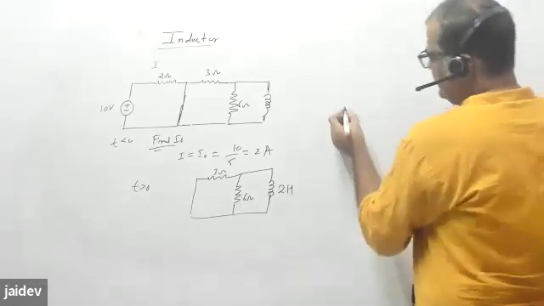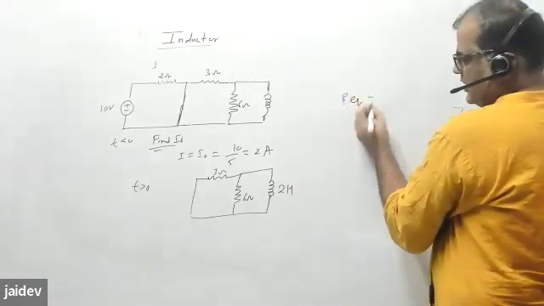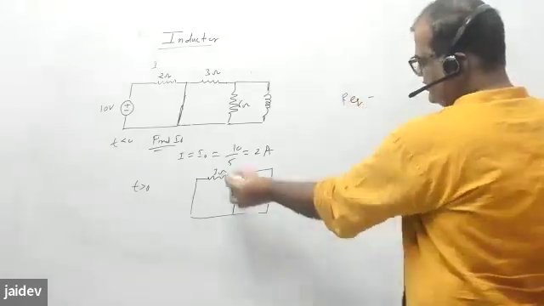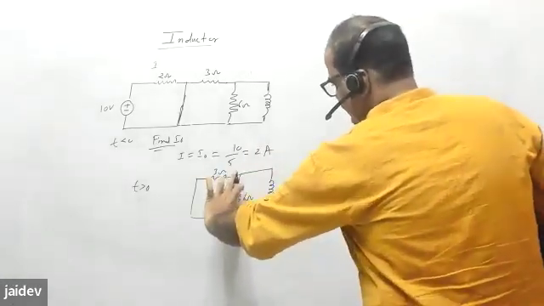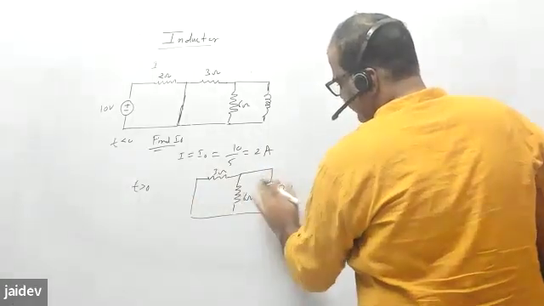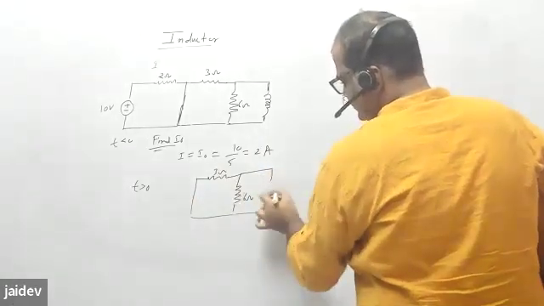So you can find R equivalent now. R equivalent is how much? 6 parallel 3. To find the R equivalent, you have to open this one.